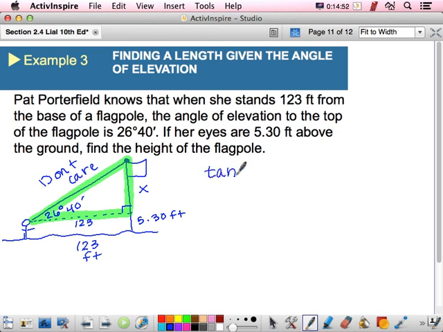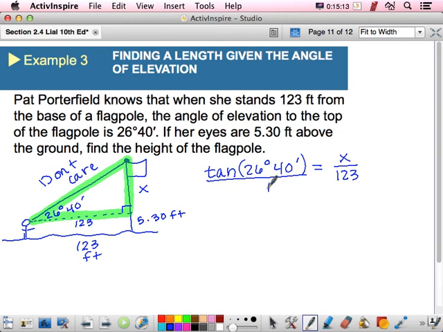So tangent of our given angle, 26 degrees and 40 minutes, must equal the opposite over the adjacent. So x over 123. Set it up like a proportion, cross multiply, solve it for x.